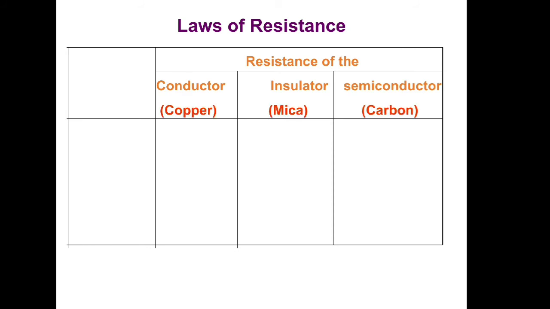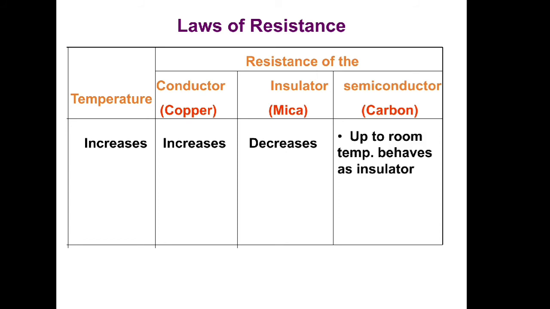So let us see a table here on how it is affected in conductors, insulators and semiconductors. In the case of a conductor, when the temperature increases, its resistance also increases. In the case of an insulator, consider a mica insulator. When the temperature increases here, the insulator resistance decreases.